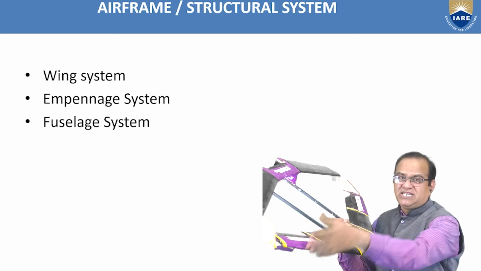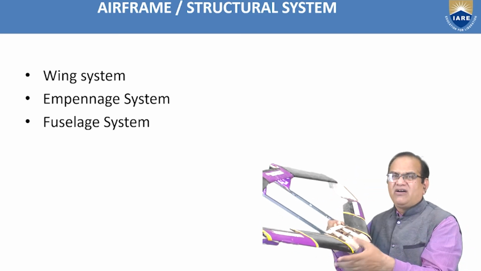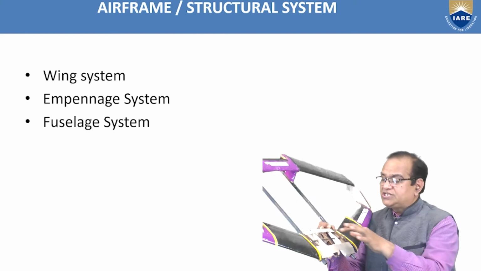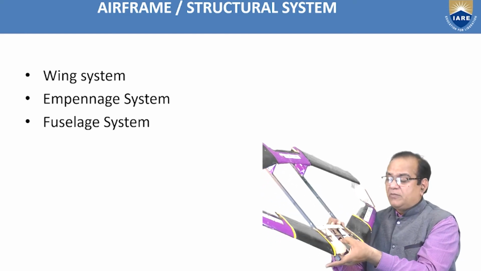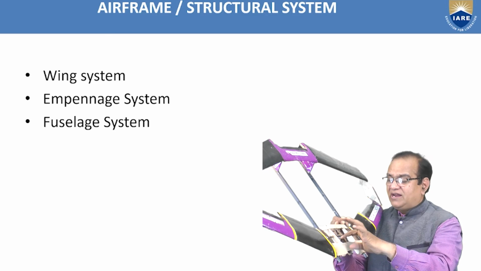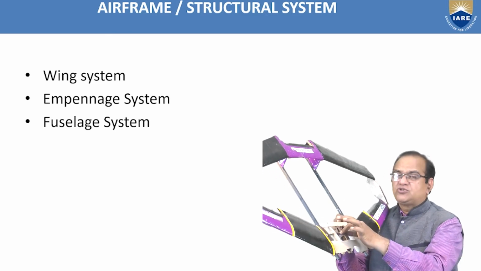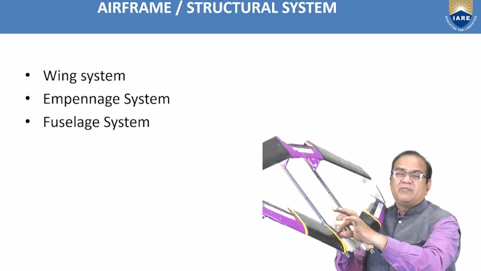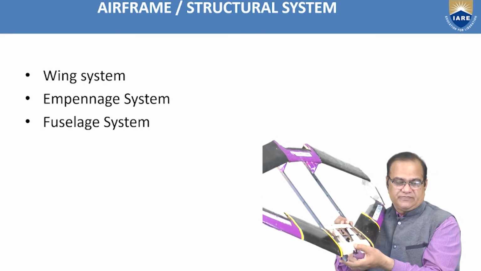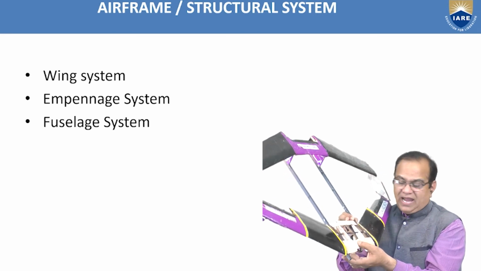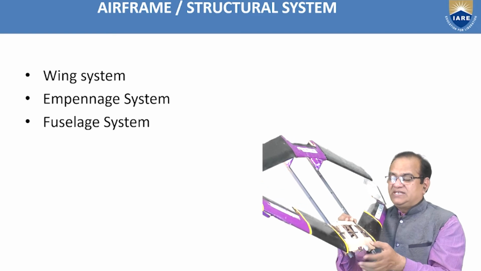The wing is experiencing a lot of bending load and all the different types of load. All the bending load and all other loads have to be absorbed by these longerons. Okay, so like this we have to see it.